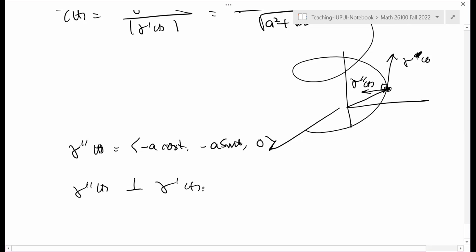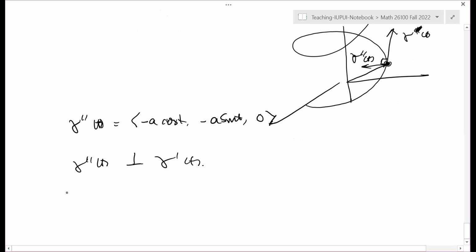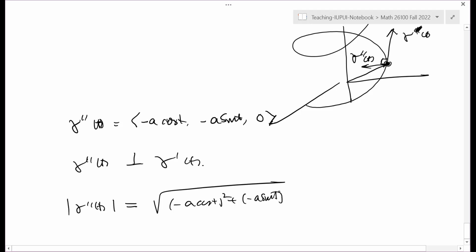But then the length is also constant. That's going to be A. So you can normalize.